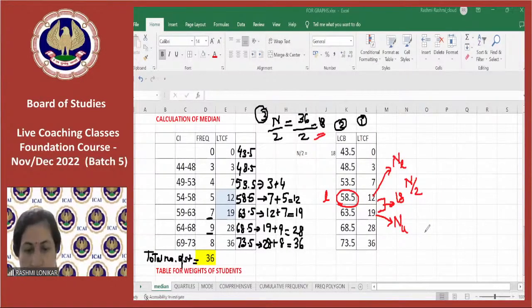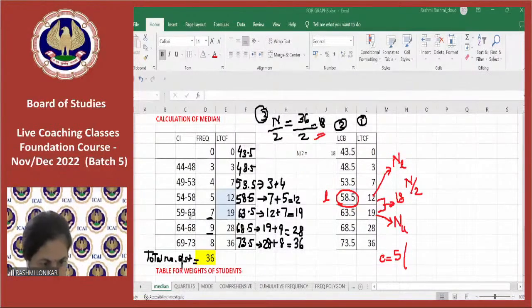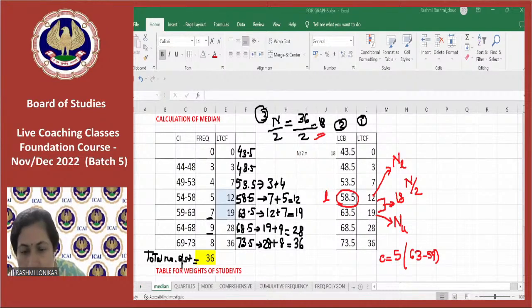Okay. And how much is C? C is the class length. C is equal to 5. Because for the median class, you can take 63 minus 59, so I can find out this to be equal to 5. Now I put it in the formula.